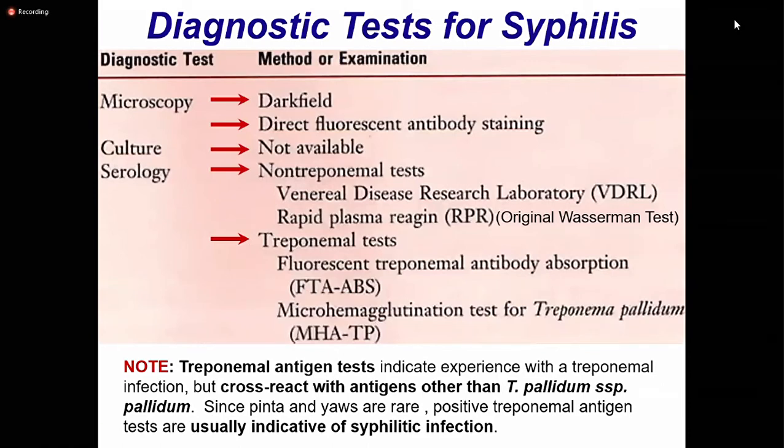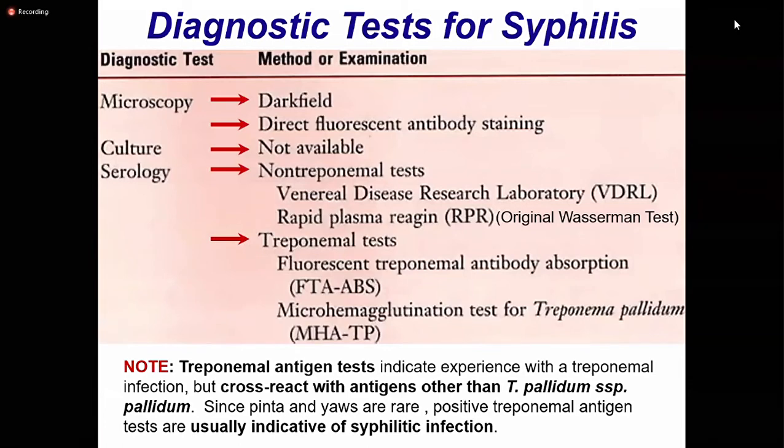And then, as I said, specific and non-specific tests. For the non-specific, we don't use the organism; we use an antigen similar to the organism. We call it the non-treponemal test. The most common non-treponemal test, and you should know it by now, is the VDRL, the Venereal Disease Research Laboratory test.